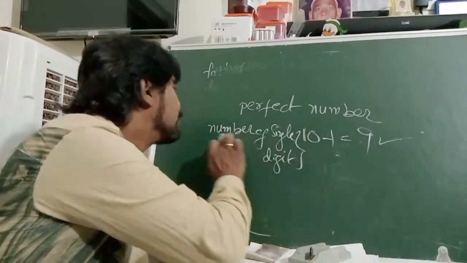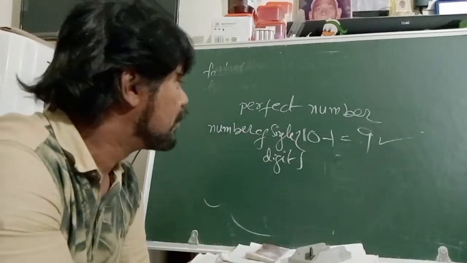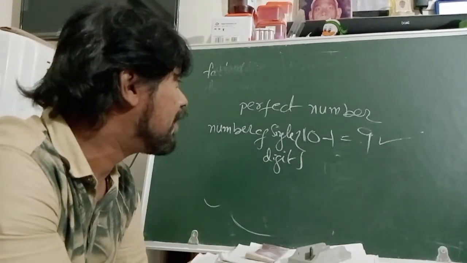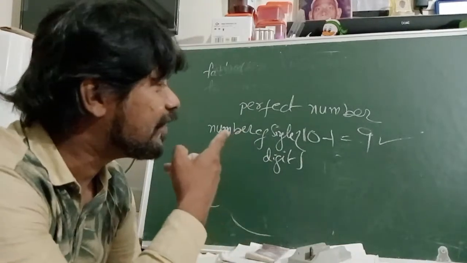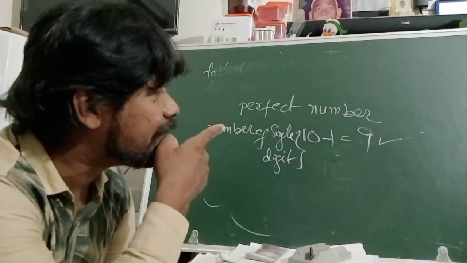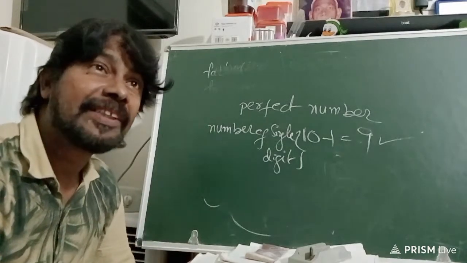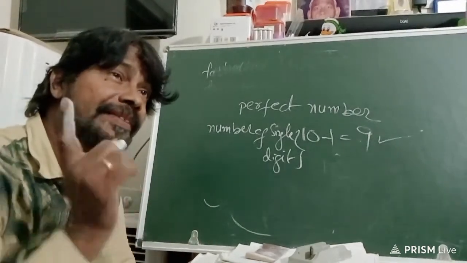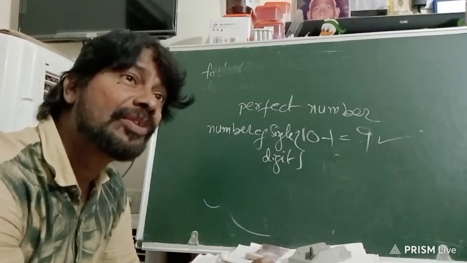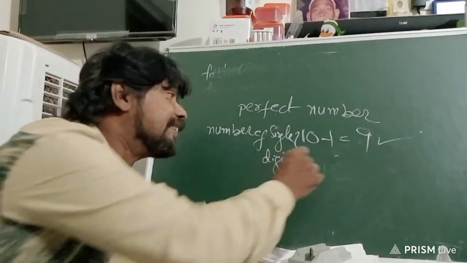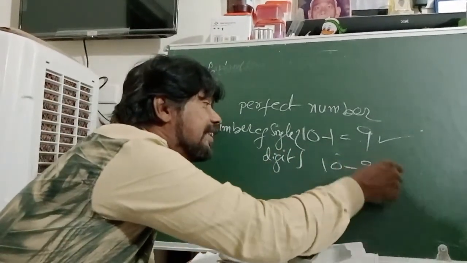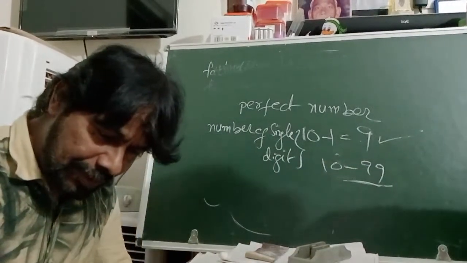Totally 100. Single digit numbers: here 9 is the last number, so 10 minus 1 is equal to 9. Two digit numbers start from 10 and end at 99.